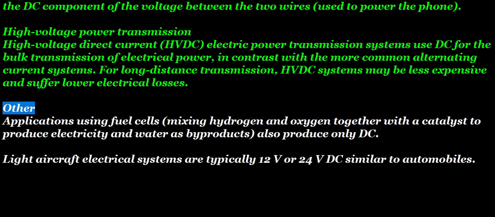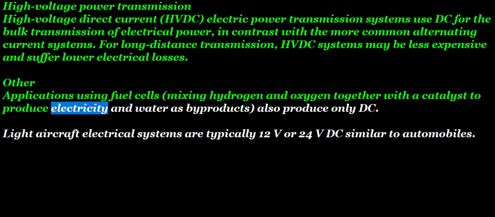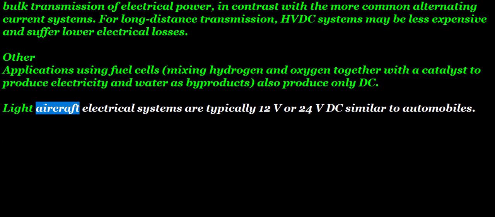Other applications: fuel cells, mixing hydrogen and oxygen together with a catalyst to produce electricity and water as byproducts, also produce only DC. Light aircraft electrical systems are typically 12V or 24V DC, similar to automobiles.